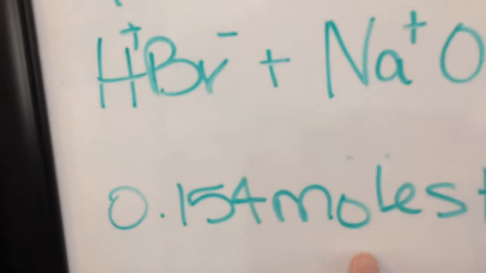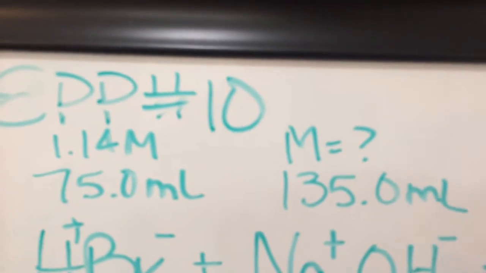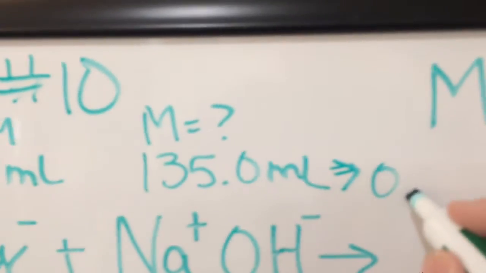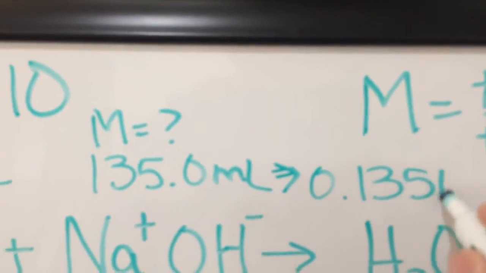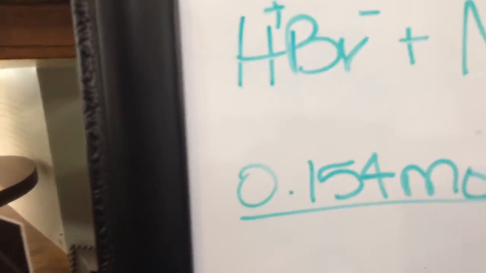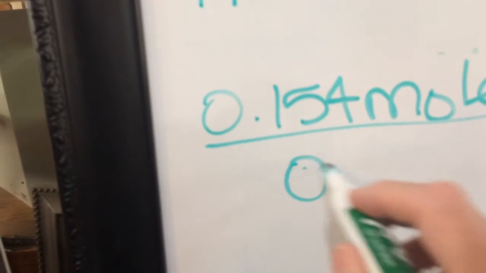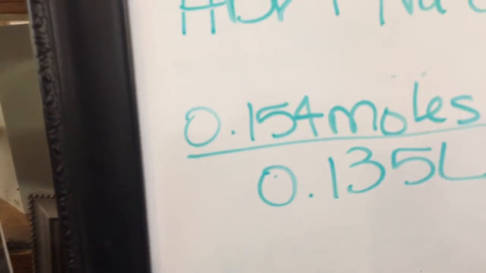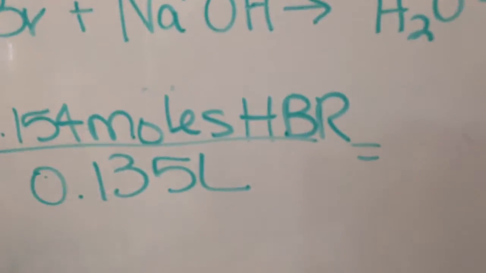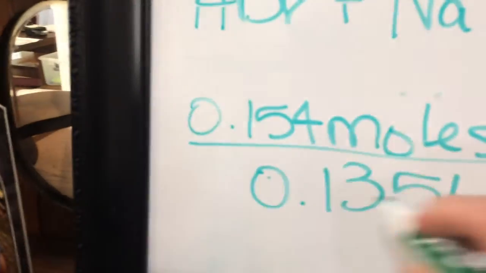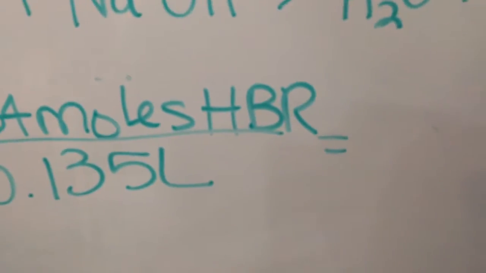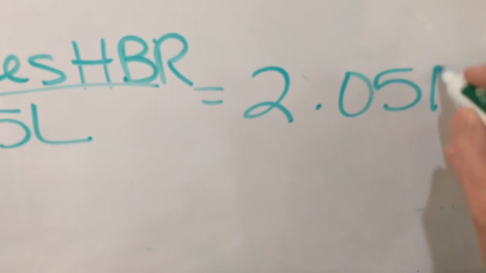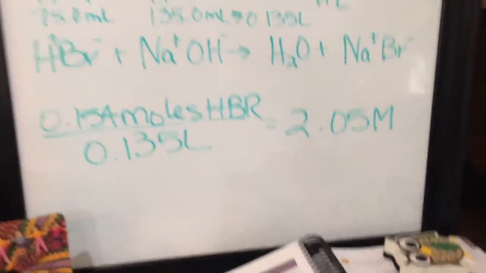We have the number of moles now, but this is in milliliters. We'll have to change it, and if we change it, it's going to be 0.135 liters. So let's put this down here, 0.135 liters. That's what the molarity will be, and the answer is, and we only need 3 significant figures, 2.05 molarity, and there's your answer.